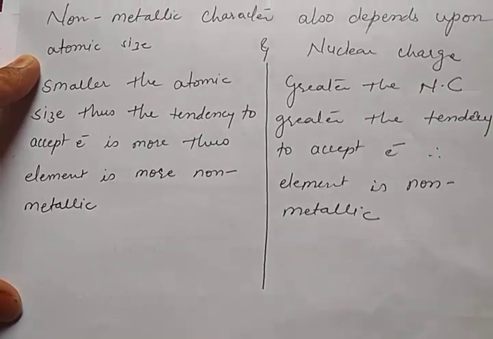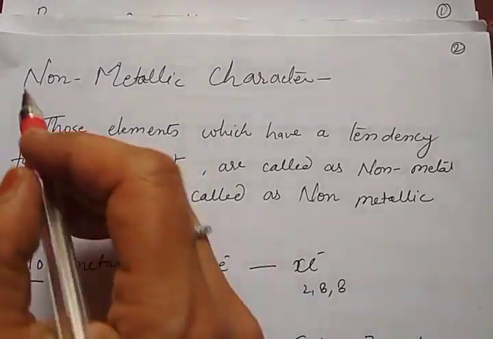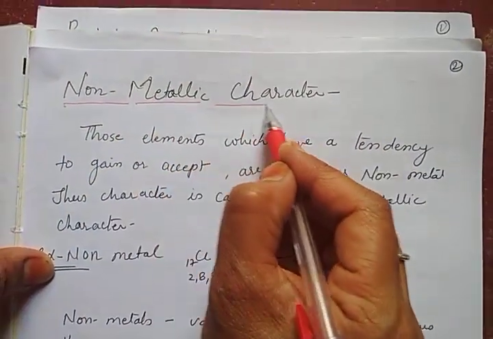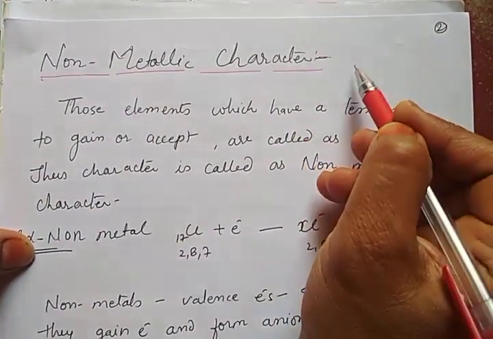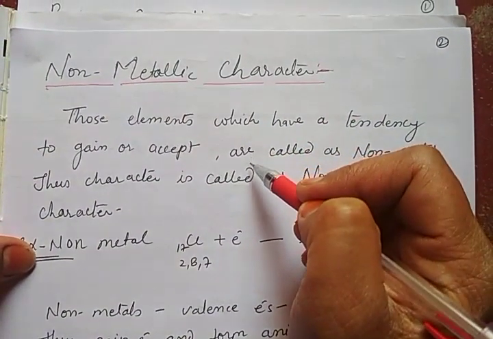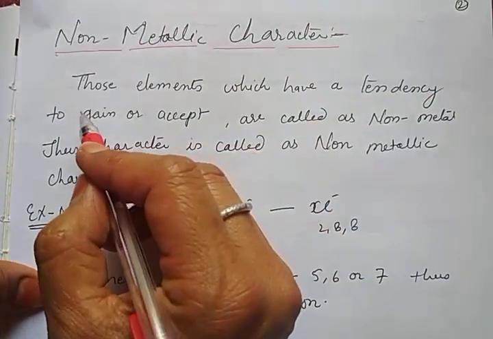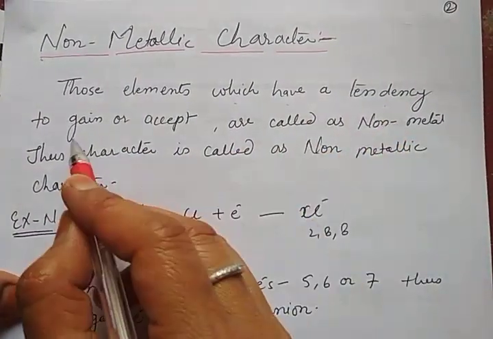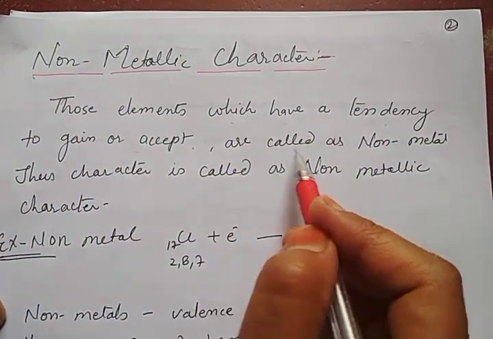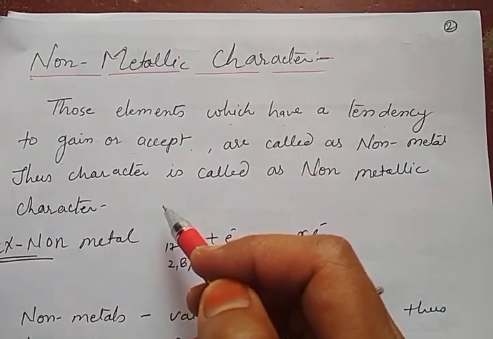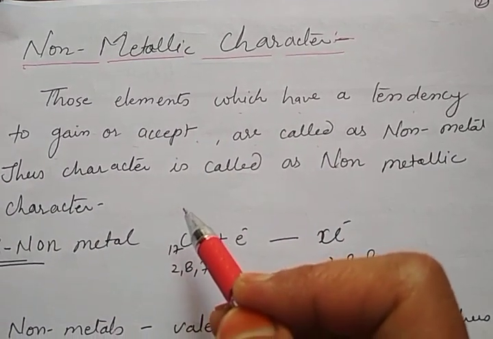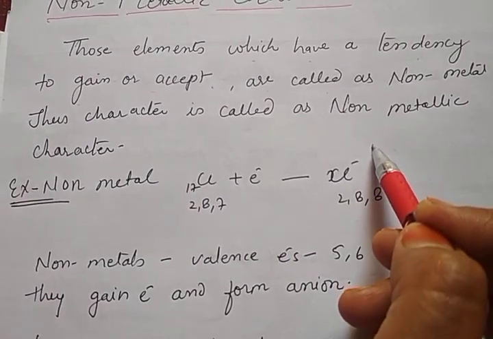Now we move to the next topic, that is non-metallic character. Non-metallic character is just the opposite of metallic character. Those elements which have the tendency to gain or accept electrons are called non-metals, and this character of the element is called non-metallic character.